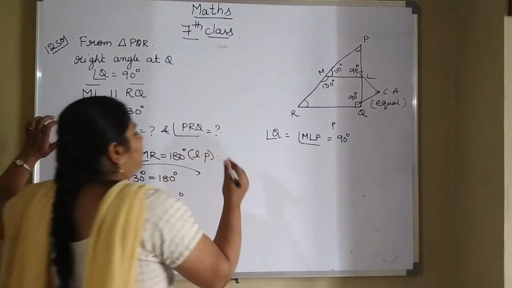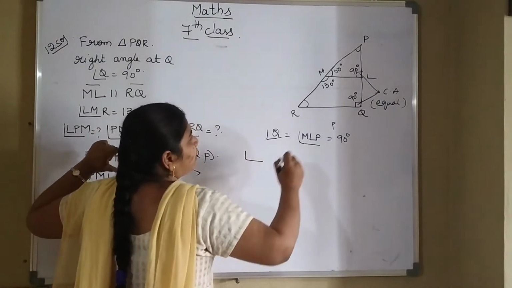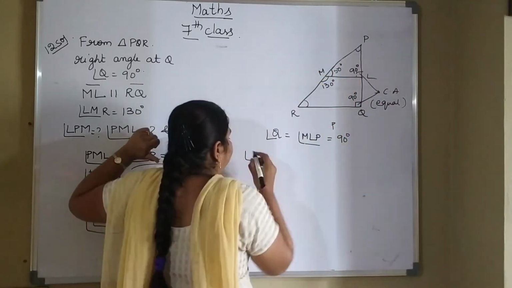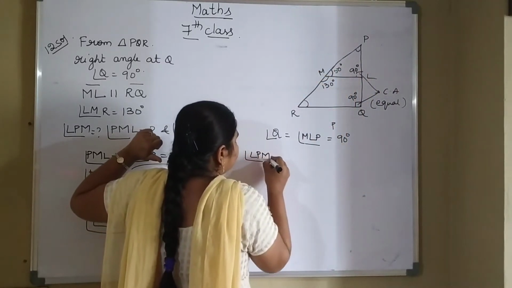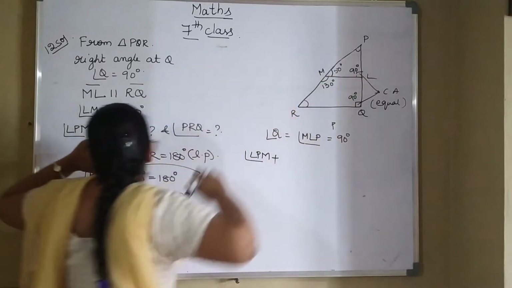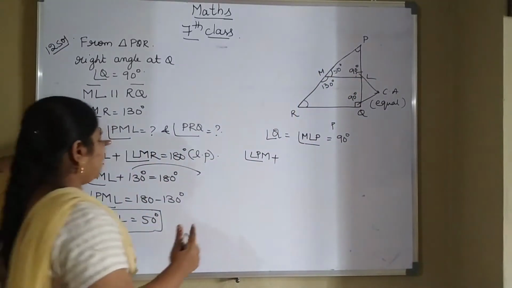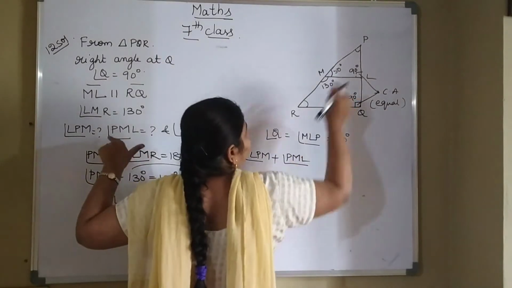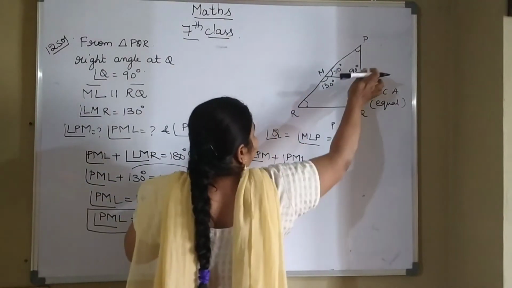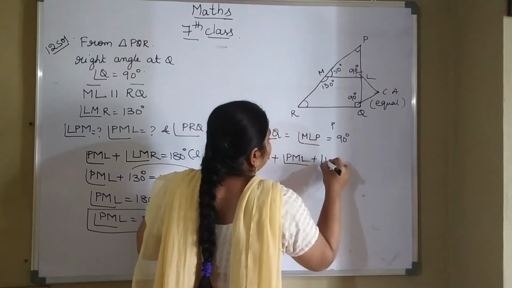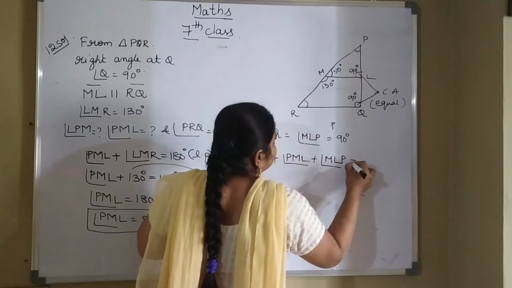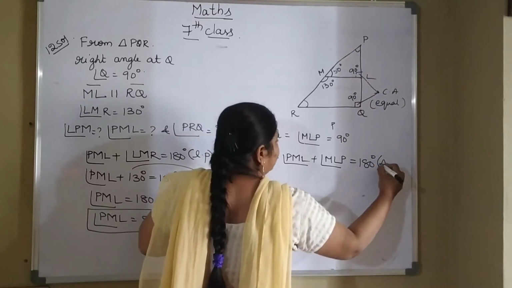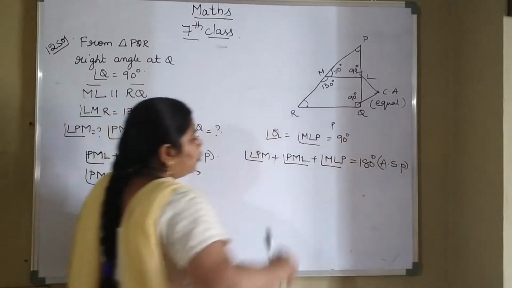By using ASP, I am finding this angle P. Okay. Now angle P, how can you write? Angle P you can write in the form of LPM plus angle L, angle M value how can you write? That is angle PML, and angle L I wrote in the form of MLP, that is equal to 180 degrees because by using angle sum property.